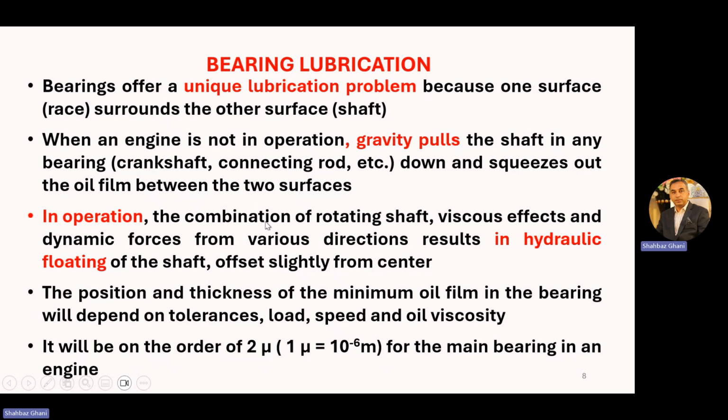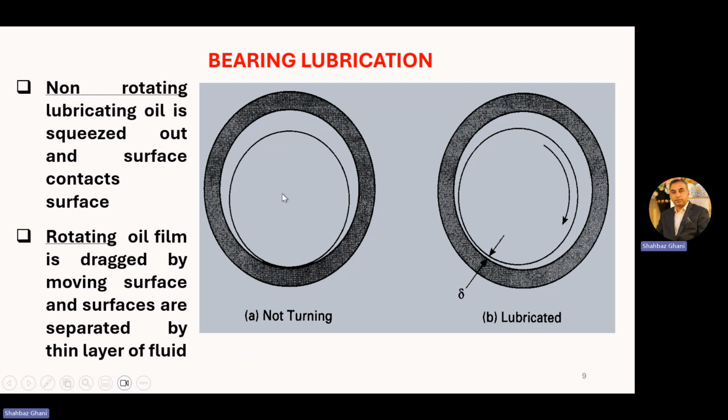In operation, the combination of rotating shaft, viscous effect, and dynamic forces from various directions results in a hydraulic floating of the shaft, offset slightly from the center. So like this, slightly offset with a thickness of delta.